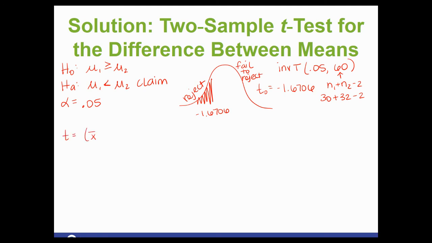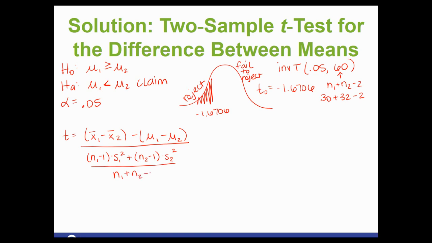Now, equal variances is the slightly bigger formula. So underneath that first radical, you're going to take each sample size minus 1 times the standard deviation squared for each group, add it together, divide it by the degrees of freedom.